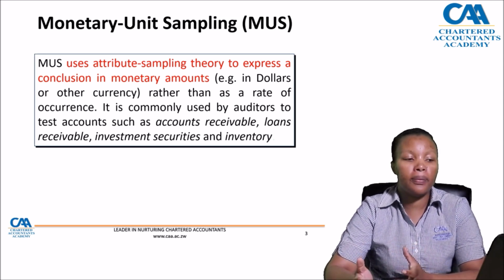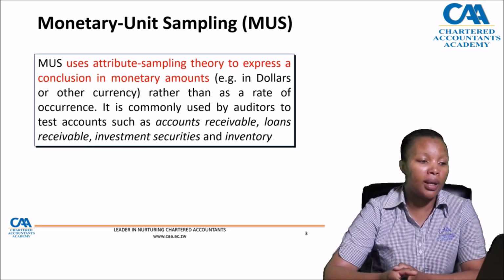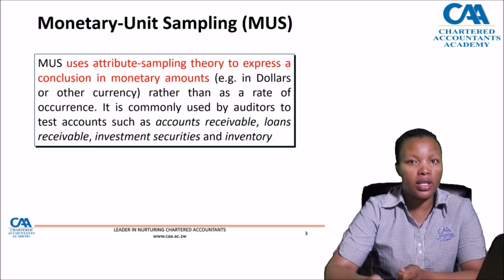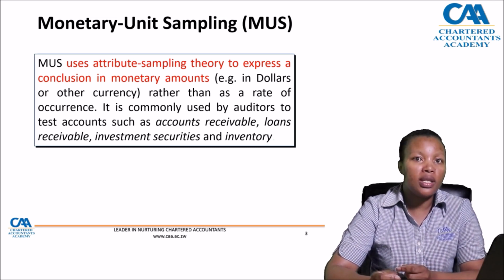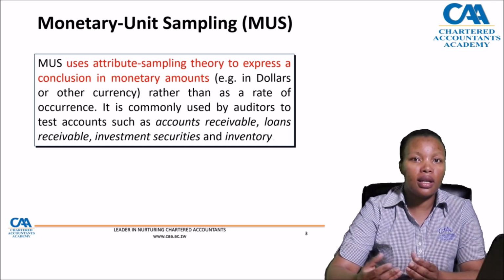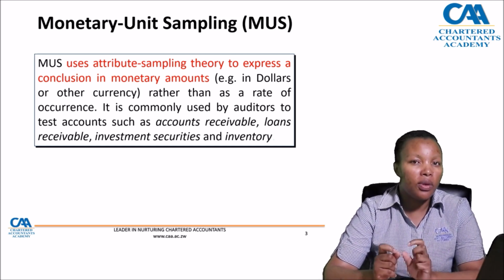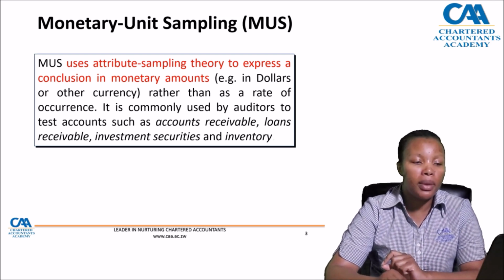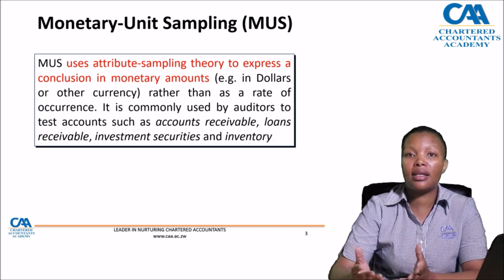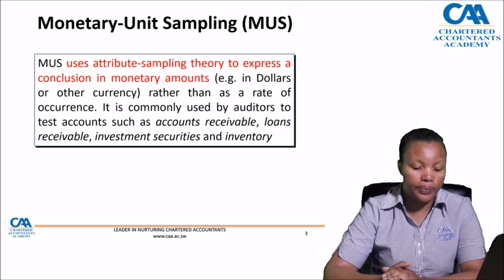So it could be, e.g., in dollars and rands or any other currency that you might be using, rather than stating the rate of occurrence, where attribute sampling looks at a document, maybe a receipt, an invoice or something like that. So monetary unit sampling is commonly used by auditors when they want to test things like accounts receivables, loans, etc.